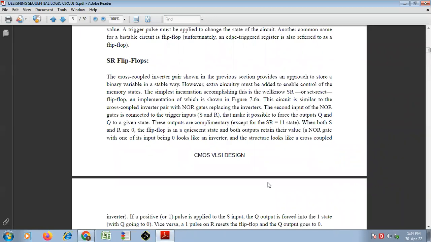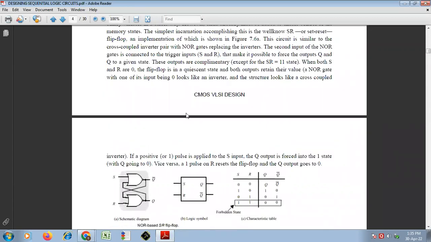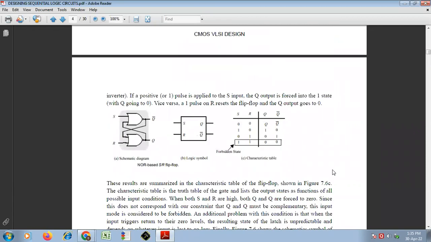Okay. Now all of you know how an SR flip-flop works.